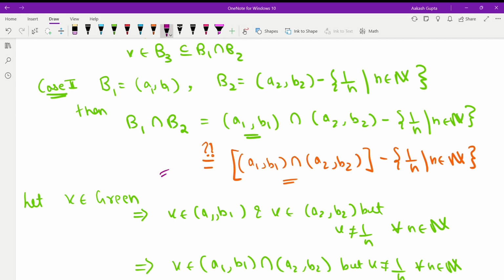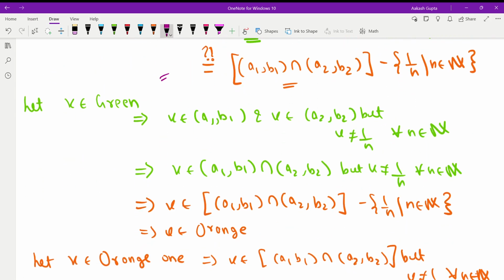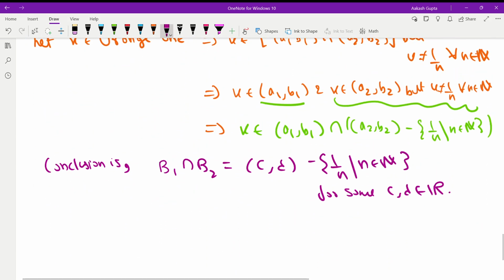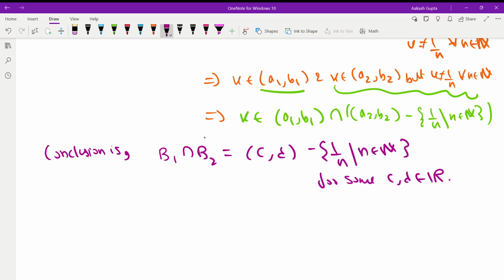You can look at many examples in these textbooks, but you should know how to write each and every specific thing. That's why I'm doing this. Now take B3 equal to B1 intersection B2, and we are done.